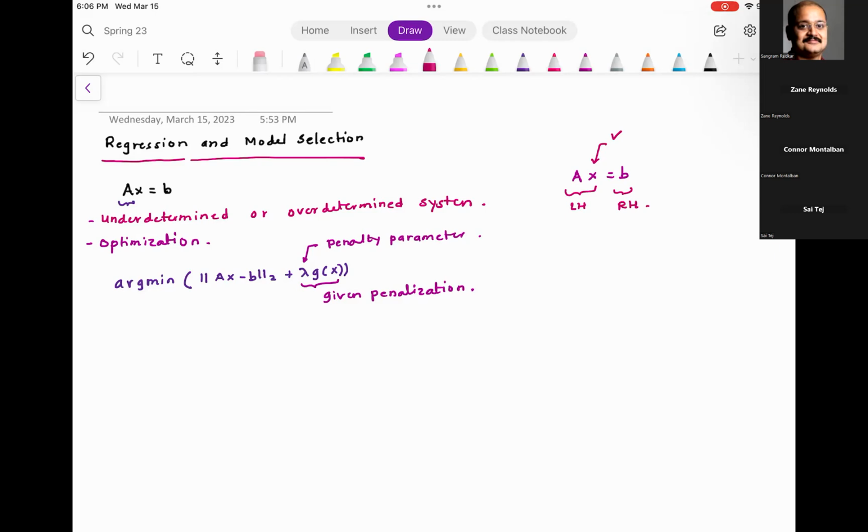But unfortunately, because of the properties of the system or the model, Ax, no matter what we do, is not equal to b. So we are going to have an error, and that error is going to be Ax minus b. This error could be positive or negative. So our objective is to minimize this error.